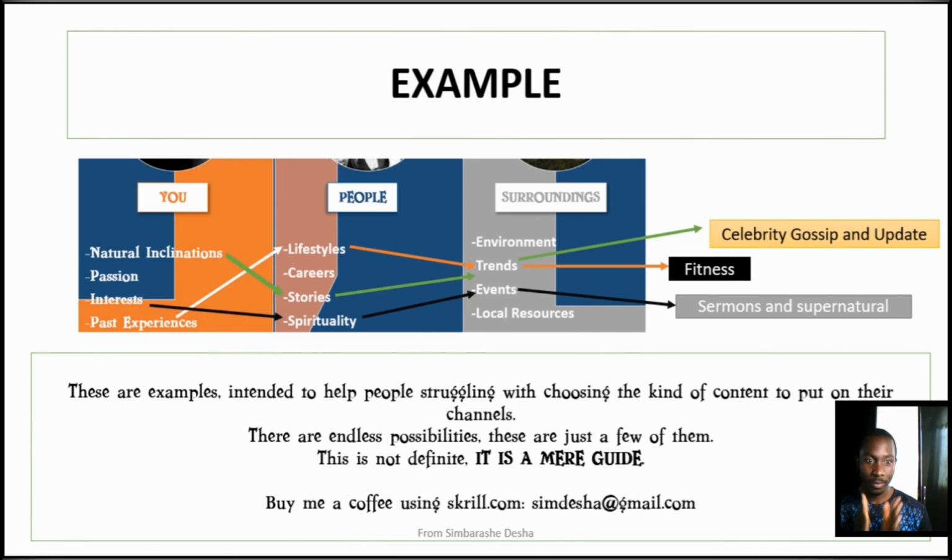Let's take another example. We can have so many examples. It's past experiences. Let's say you had a past experience of being overweight. Because of that, you relate more to people who are overweight at that moment. That is their lifestyle.